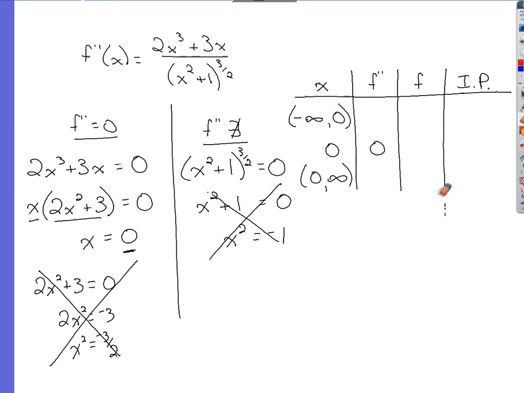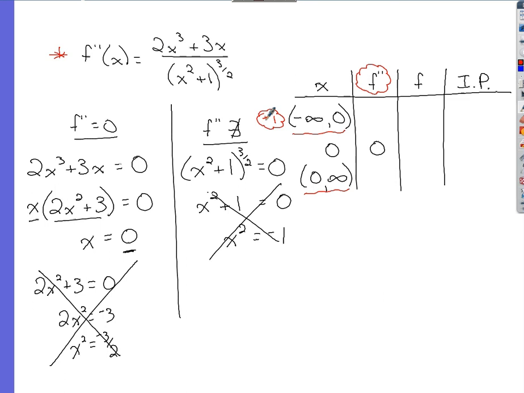All right, now we're going to complete the second derivative column by taking values on our intervals and plugging into the second derivative. So plugging back in here. Let's see what kind of signs we get back. So if I take a number for that first interval, if I'm going from -infinity to 0, so I choose -1 because I know that's less than 0, I plug back into the second derivative.